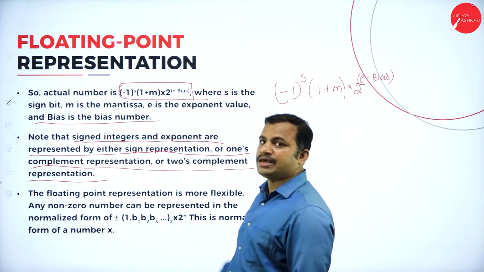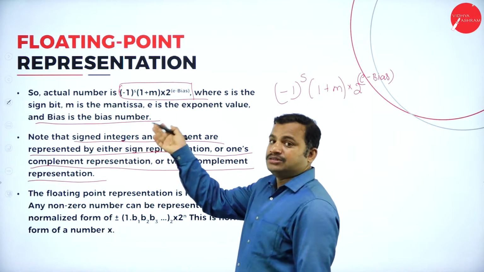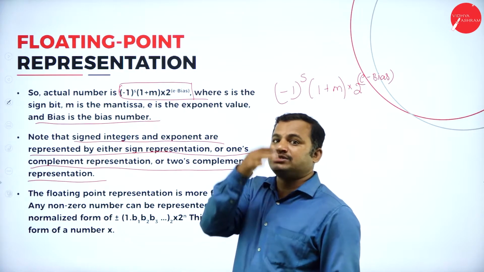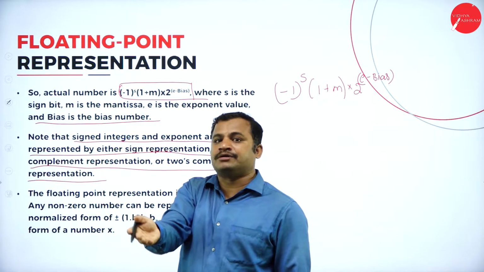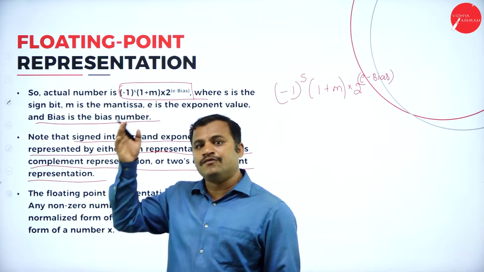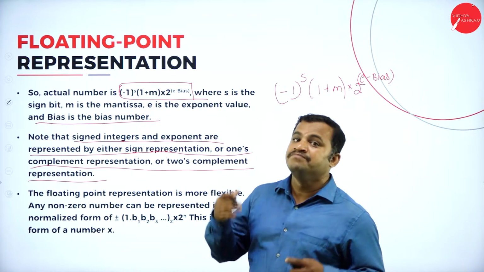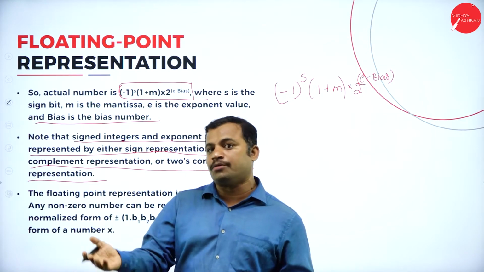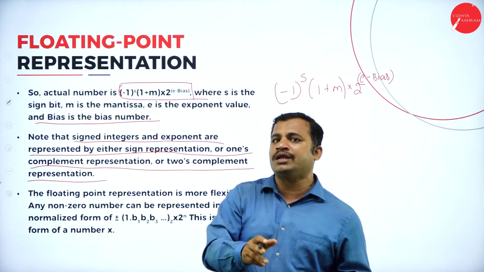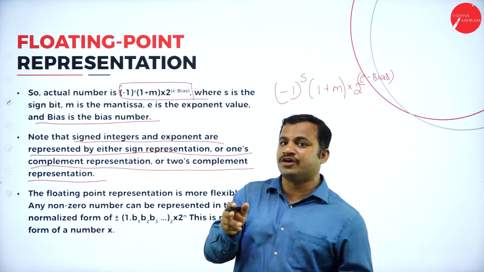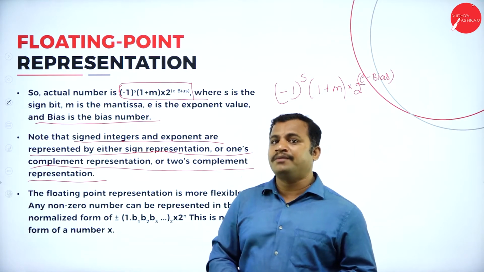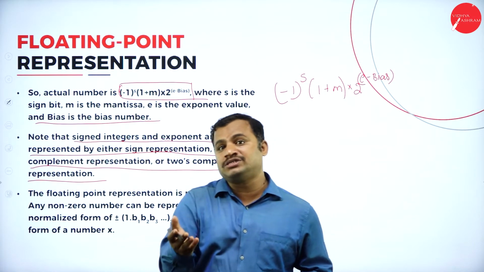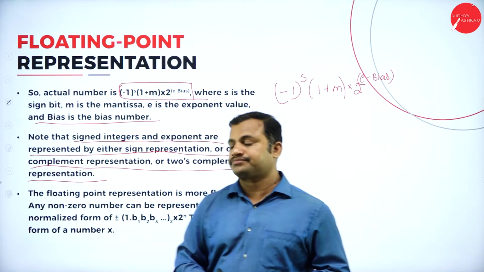The same can be used here to represent signed numbers, whether positive or negative, in any of the 3 formats. But the systems usually prefer the 2's complement format because of its accuracy characteristic.